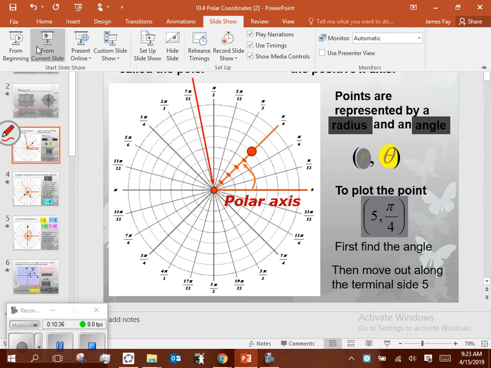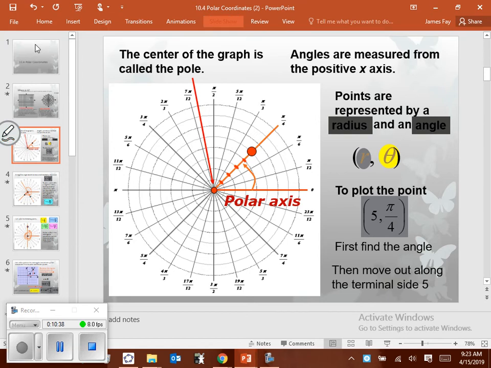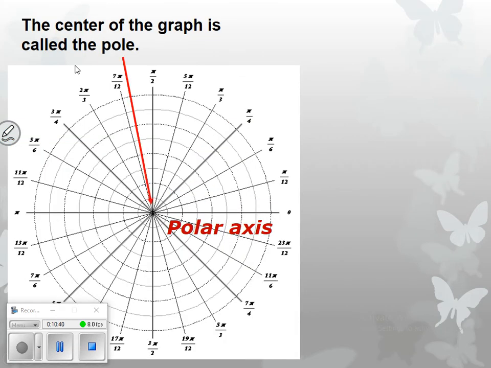Now, the center of the graph, which I said a moment ago was analogous to the origin in the rectangular system, that center we call the pole, okay?